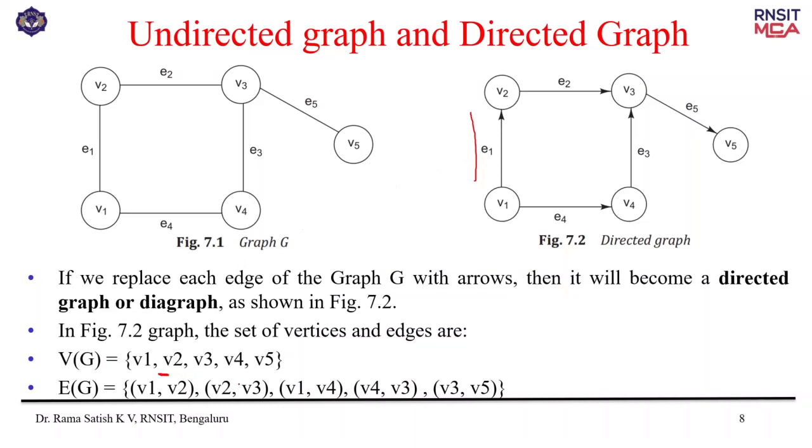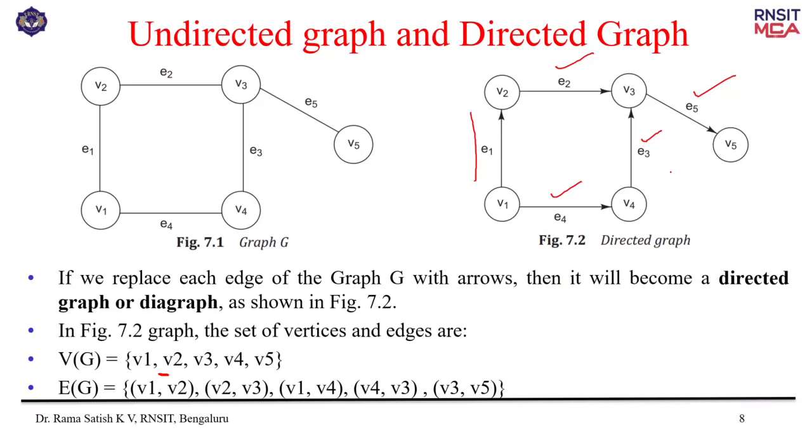And next, V2 to V3. V1 to V4. And V4 to V3, and V3 to V5. So all the edges that have a direction, we have written as a set of edges.